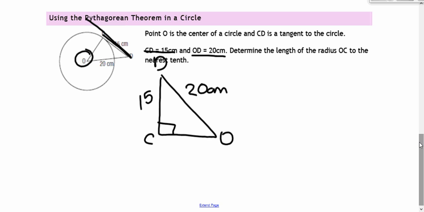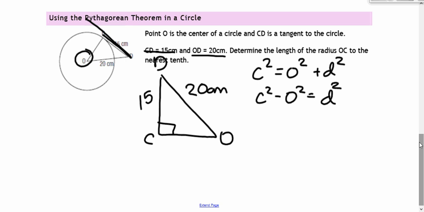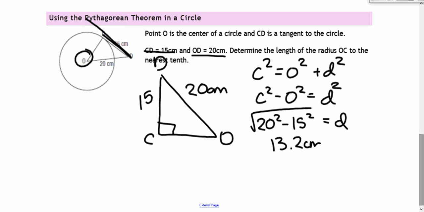Then this becomes just the Pythagorean theorem. C squared is equal to O squared plus D squared. C squared minus O squared is equal to D squared. Plug in what you know: 20 squared minus 15 squared, we're going to square root that, is equal to D, which leaves us with 13.2 centimeters is equal to D. Did I answer my question to the nearest tenth?